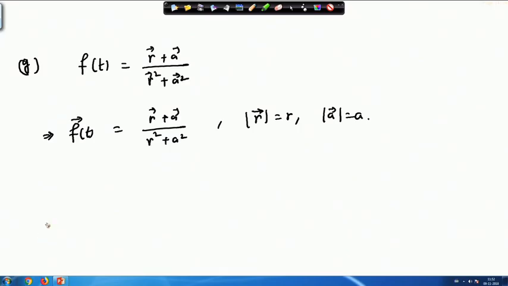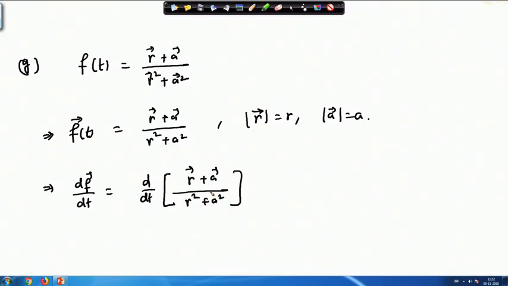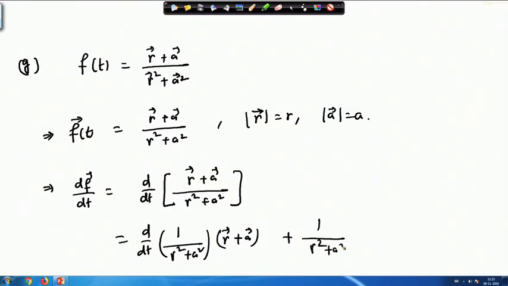All right. Now we can differentiate with respect to t. It will not be simple, it will be slightly lengthy to do the calculation. So let us write r plus a and then r square plus a square, and now here we will apply the product rule. So we will have d/dt of 1 by r square plus a square, times r plus a, plus 1 by r square plus a square times d/dt of r plus a.